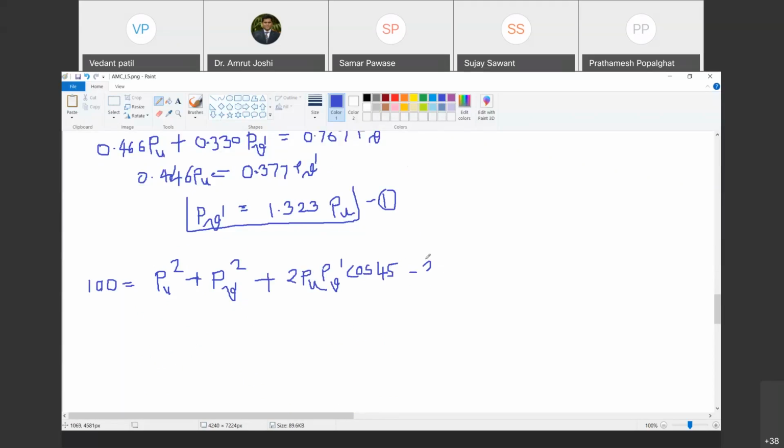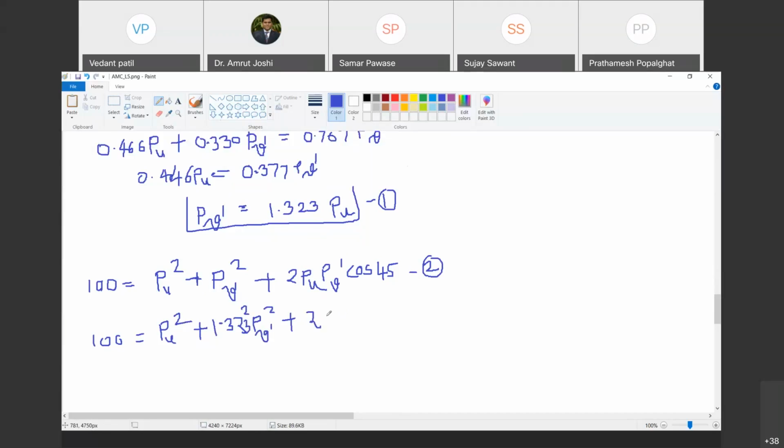Now substitute first equation in second equation. So what do you get? 100 is equal to PU square plus 1.323 square PV dash square. Sir, 1.323 square will come, no? Am I right? Yes sir, you are right.